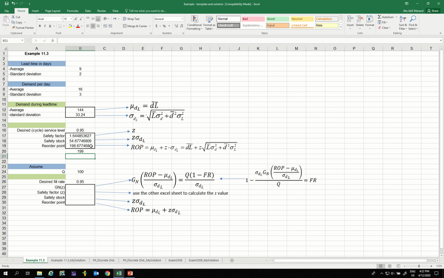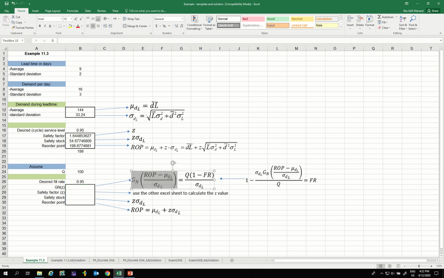Now let's do the calculations for a given fill rate. For these calculations, I need to have the Q, which I will assume is equal to 100 in this case. Okay, first, again, to calculate reorder point, I need to take some steps, and I will start with calculating Gn of z, the unit loss function.